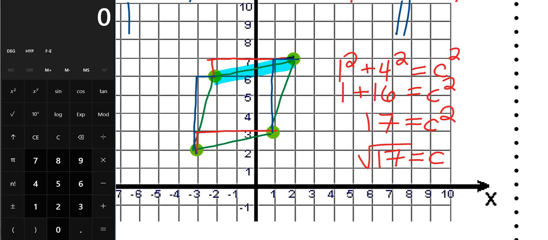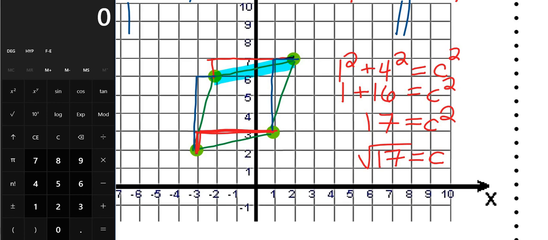Now for the bottom, since I also went up 1 and to the right 4 for the bottom side, it's going to use the same two lengths of 1 and 4. So I know that the bottom is also going to be the square root of 17, which is very typical for a parallelogram. Opposite sides are not only parallel, they're also congruent. But let me check the left and the right.